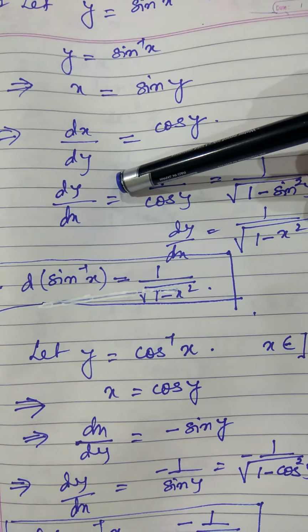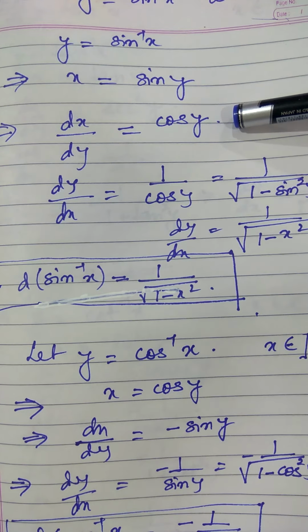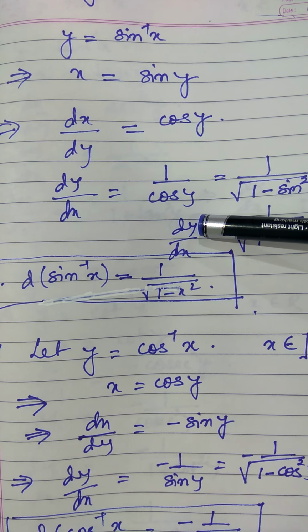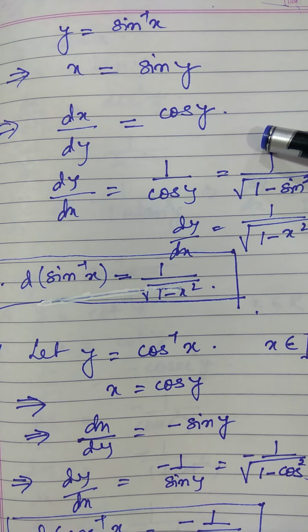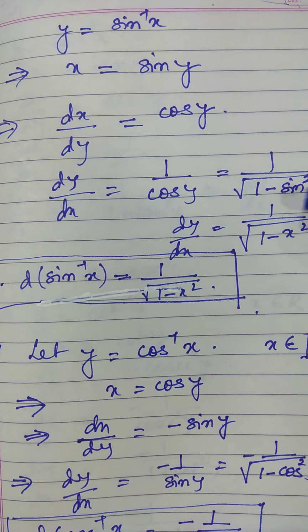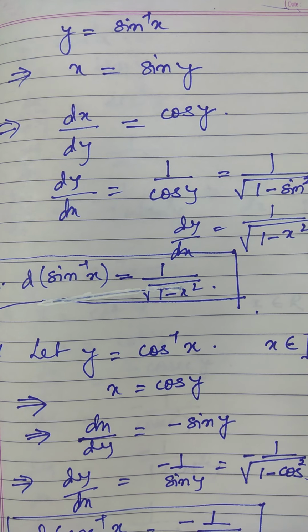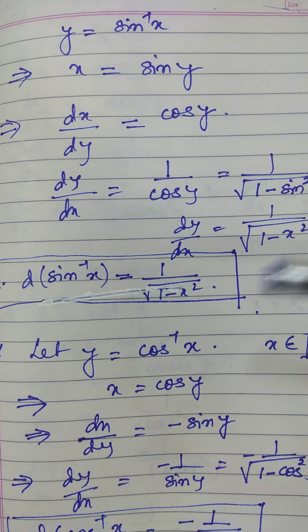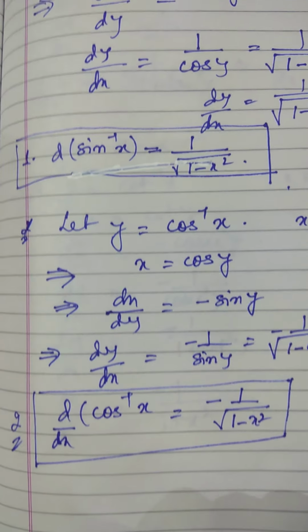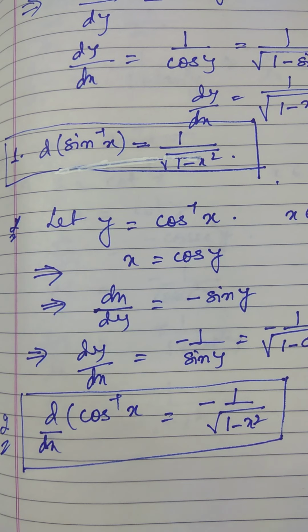Then dx upon dy is cos y. Reciprocate this. dy by dx is equal to 1 upon cos y, that is 1 upon root 1 minus sine square y, that is 1 upon root 1 minus x square. So the derivative of sine inverse x is 1 upon root 1 minus x square.